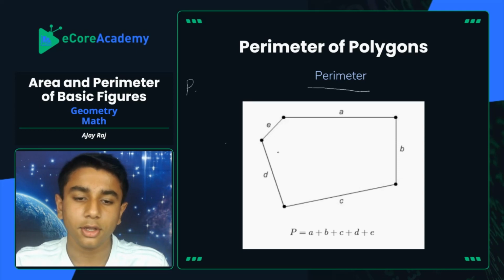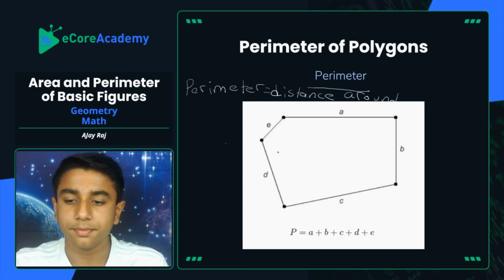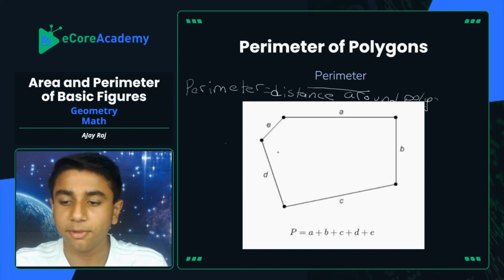So perimeter equals distance around. I'm just going to say around, but just notice it's around any figure that you're given. Around polygon. I'm going to say polygon here. Excuse me for my handwriting. Polygon, around.